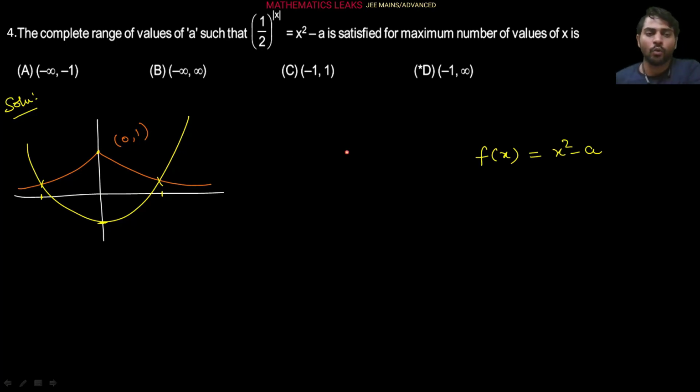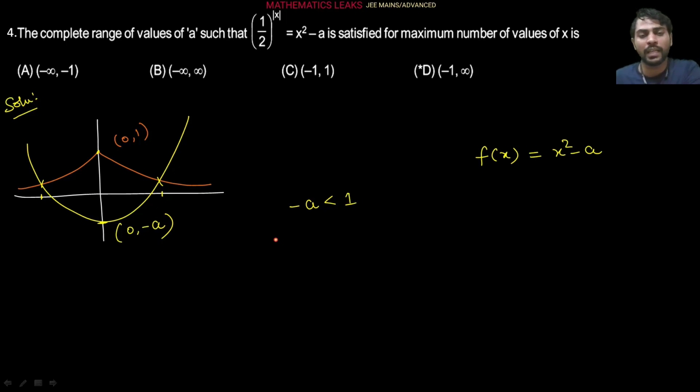right? So the vertex of the parabola, if you are seeing, which is here, this vertex point you can write down as (0, minus a), right? This vertex is (0, minus a). So this minus a, the functional value of the right sided function, must be less than 1. So minus a must be less than 1.